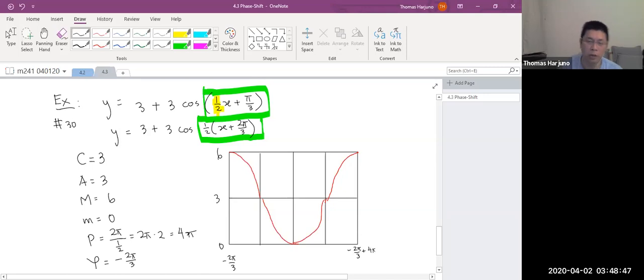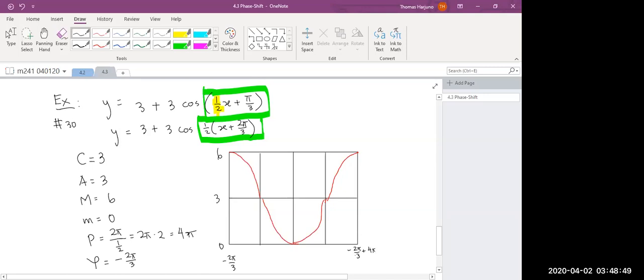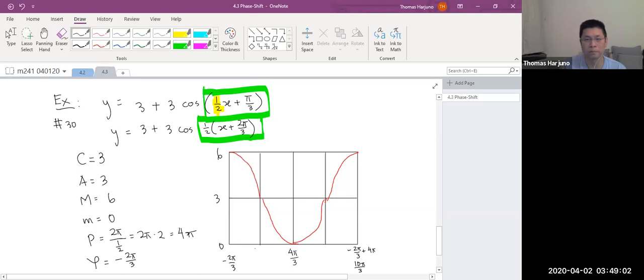What would that be? 10 pi over 3. Then it's 4 pi over 3 in the middle. It's pi over 3 here. And this is 7 pi over 3.